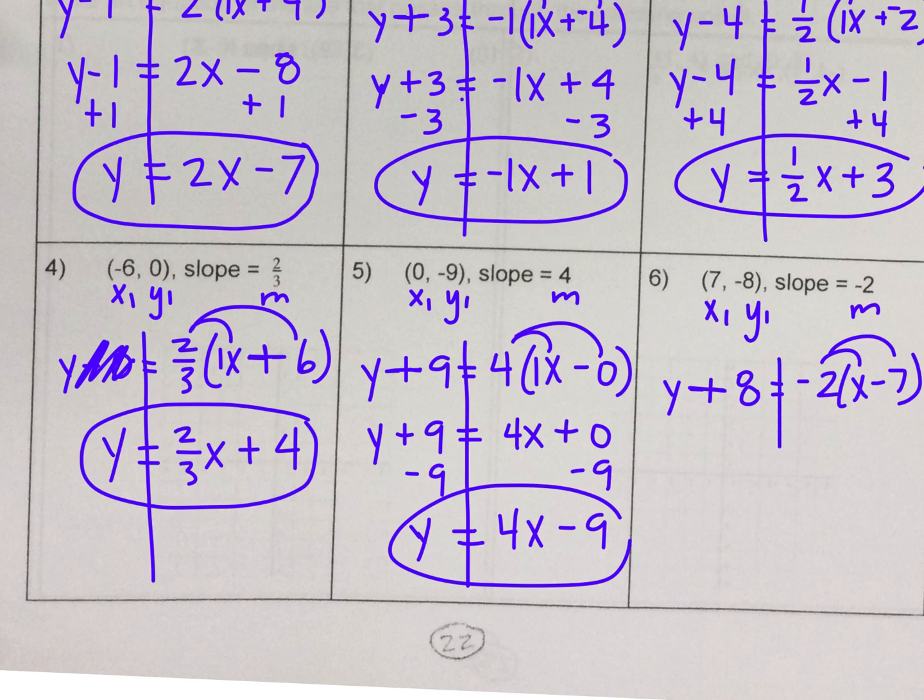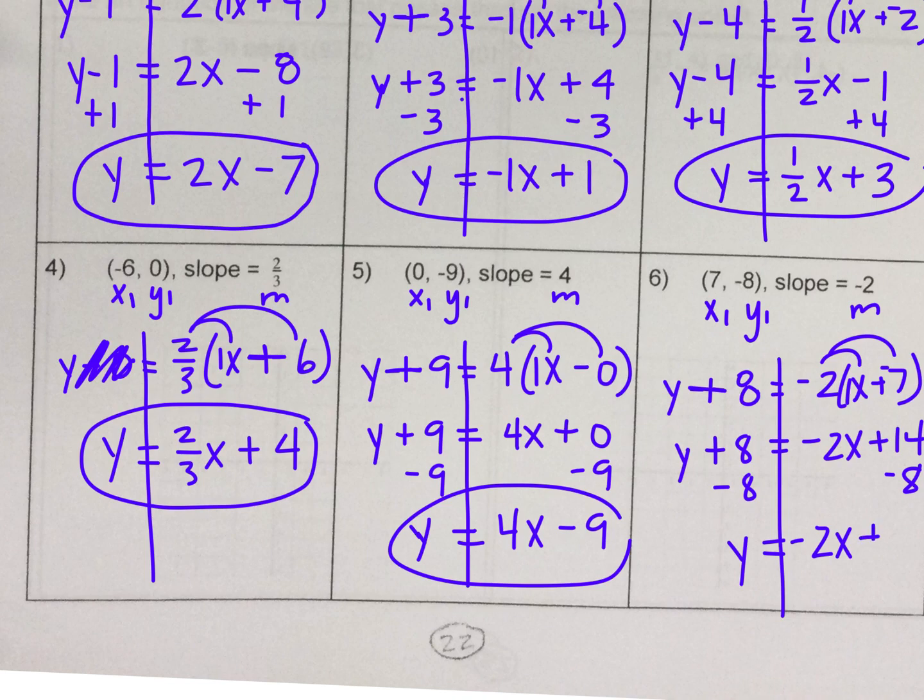Distribute. y plus 8 equals -2 times 1 is -2x. -2 times -7 is a 14. I'm going to subtract 8 on each side. y equals -2x. 14 minus 8 is 6.